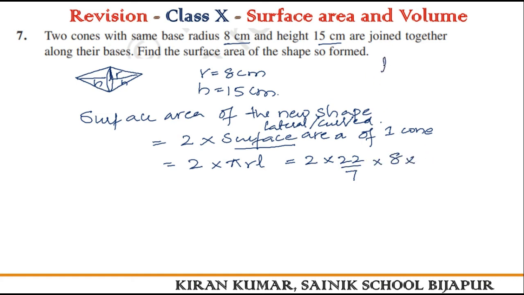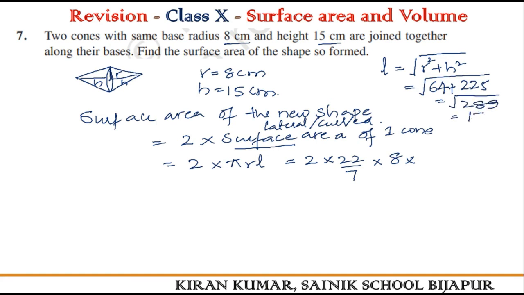Let's find that. Here slant height is root of r square plus h square. Substitute r square is 64 plus h square is 225 and the sum is 289, which is a perfect square. We get it as 17. So into 17. So we need to simplify this.